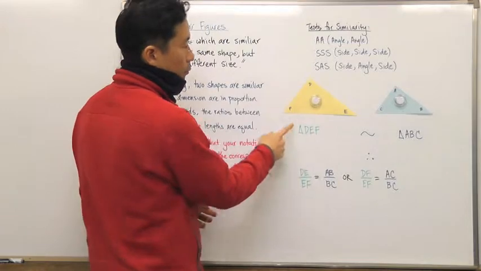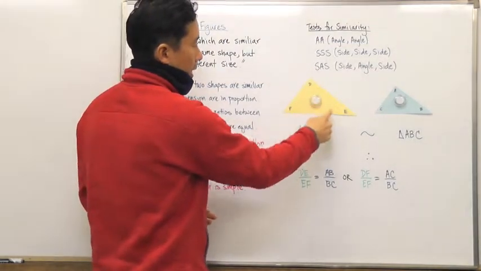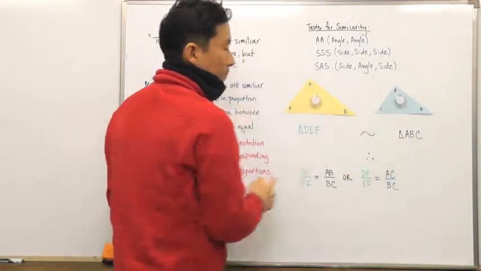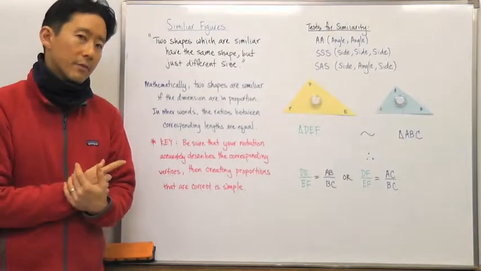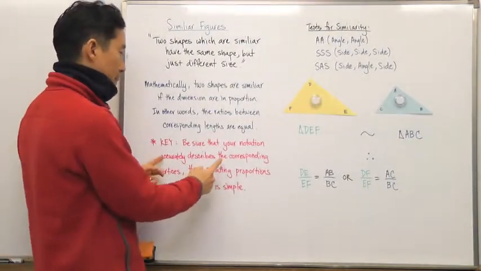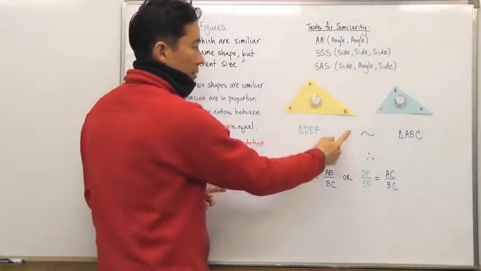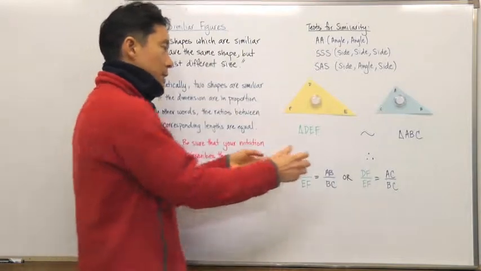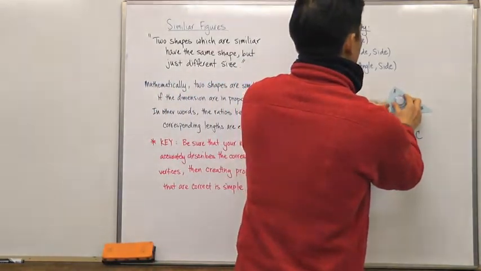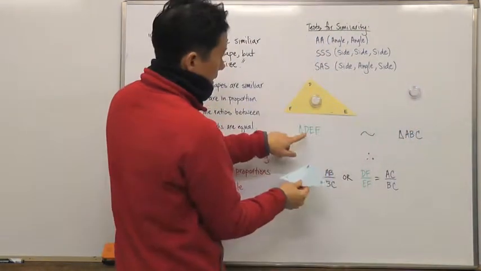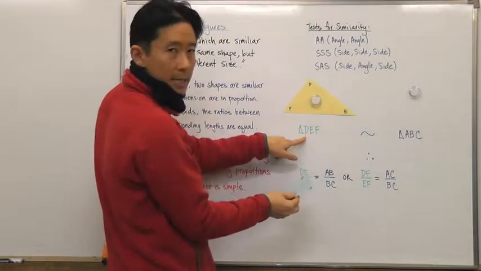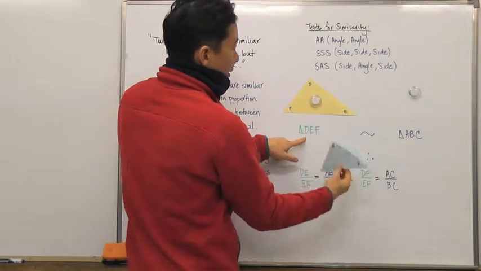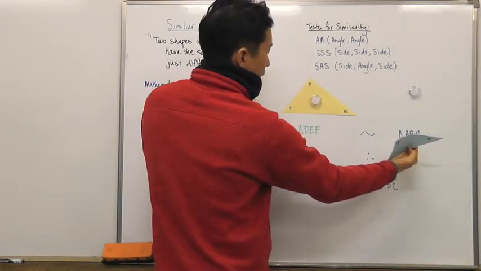So say for example, we know that triangle DEF is going to be similar to triangle ABC. Now, the thing that you have to be very careful of is that the corresponding vertices are in the same location with regards to your notation. So remember we said that if I take this triangle off again, vertex D corresponds to vertex A. And that's why I say triangle A here.